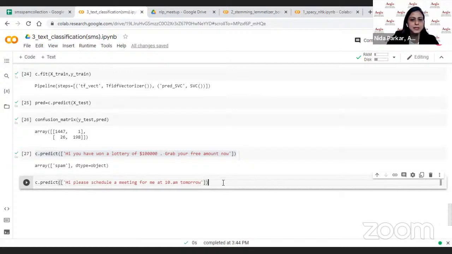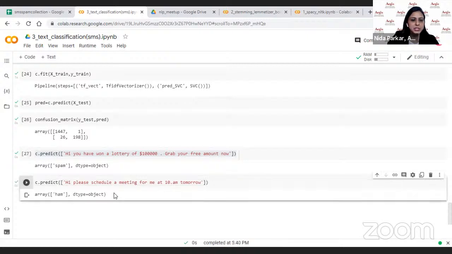Let's see whether the model is able to predict this to be a ham or a spam. Now, if you take a look at the previous message, hi, you won a lottery of some dollars, grab your free amount now. Because there are words like free, lottery, and amount, based on these words which are already being processed, it is able to classify that it is a spam message.